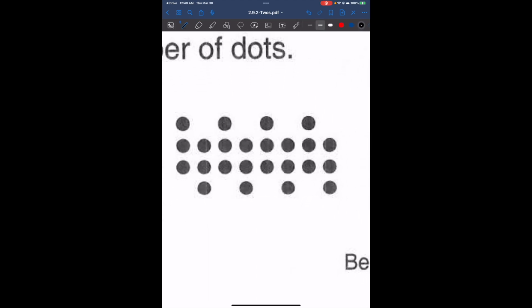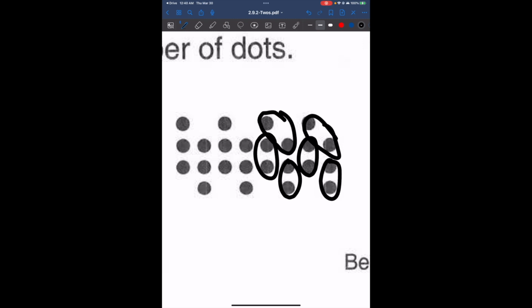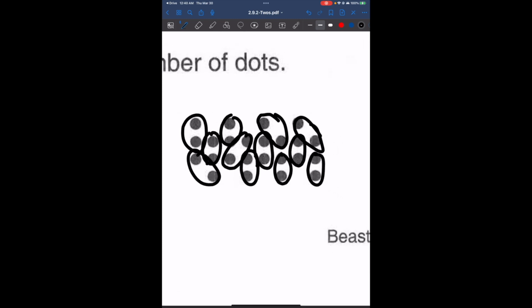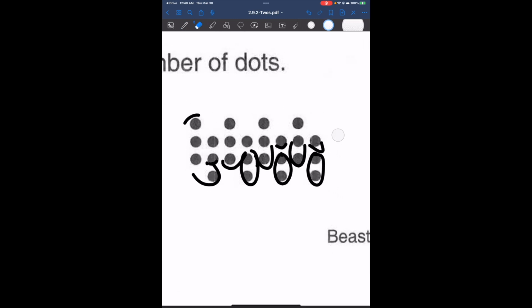Now for here, we're going to try grouping it into multiple groups of 2 dots, again, because the shape is hard for us to divide into 2 groups only. So we're going to try multiple groups of 2 dots and see if that gives us any remainders. And it doesn't, so this is an even number of dots.